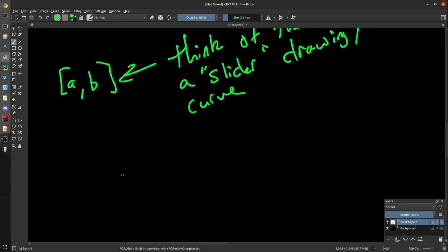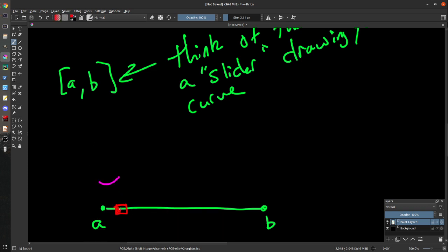If you had a little slider down here, and on one side was a and on the other side was b, and a little button you could drag across, then as you drag it across, you start to draw your curve.